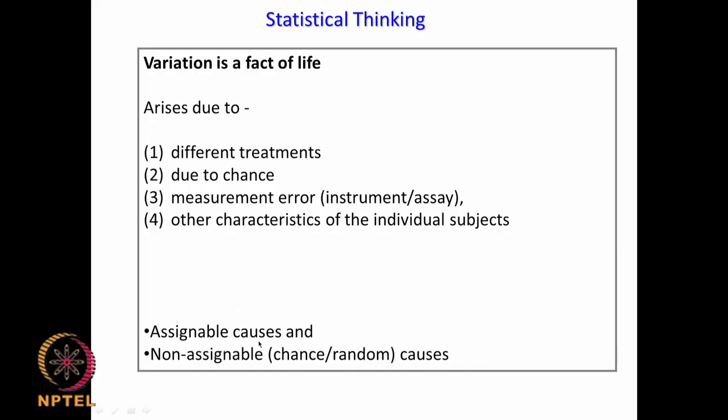And as I said, random variations are always going to be there in any situation, whereas assignable causes are very large changes, like me coming one day at 10:15 or me coming one day at 9:45; you can always assign it to something.